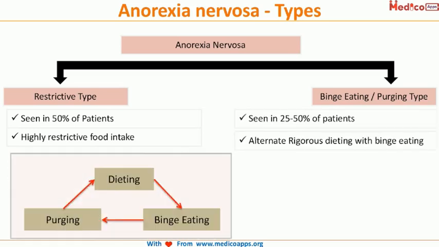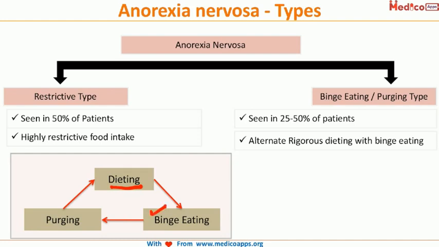Binge eating type is seen in 25 to 50% of the patients, and here the difference is that, because you remember here the appetite of the patient is normal. So what happens, the patient's appetite is normal, the patient is restricting calorie intake, restricting food intake, and at some point of time their willpower gives away and they go into a binge eating episode.